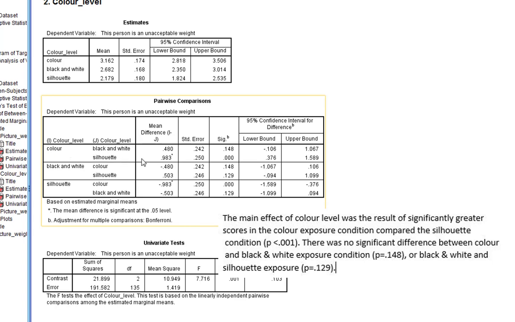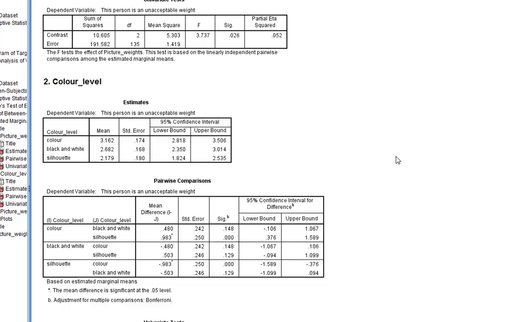Colour versus silhouette, however, is statistically significantly different, and that's because colour pictures seem to have an effect on our dependent variable in as much as they are rated more unacceptable if someone's seen the colour pictures compared to the silhouette pictures, and that difference is statistically significant. This is completely regardless of the weight in the picture, just the colour level. The final comparison is just black and white versus silhouette, and there's no statistically significant difference between the two.